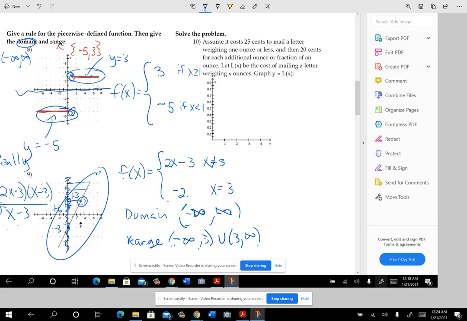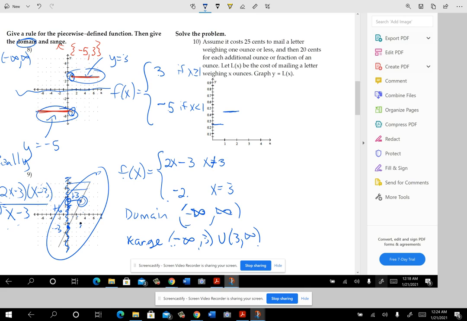So that would be right there. And then 20 cents more for each additional ounce or fraction thereof. So when I go to like 1.1, I have to jump up 20 more cents. So I'd be at 45. So it'd be like that.